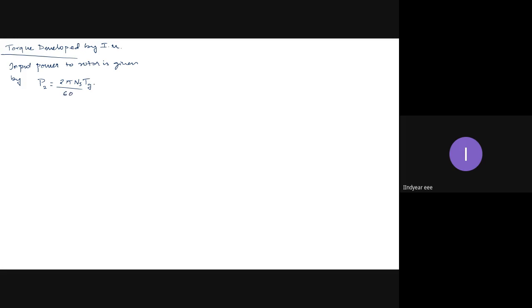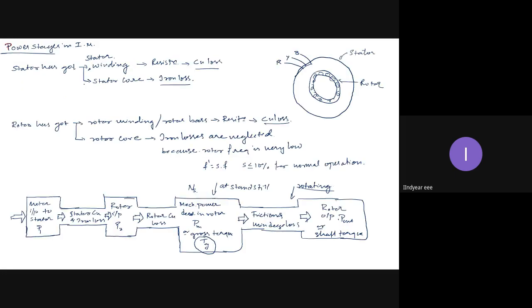We have the power equation in terms of torque. Okay, this is input power, because input power is transferred from stator to rotor. Input power is transferred from stator to rotor at ns because there is a rotating magnetic field.